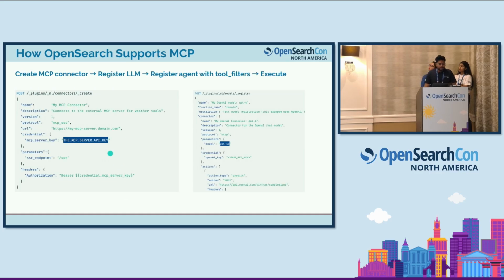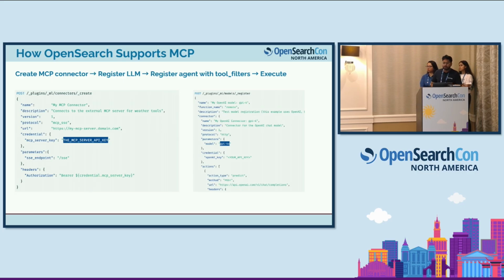If we go forward with the client one, there are some snippets you can check out. When you create the MCP connector, you then have to register an LLM. Here we are creating an MCP adapter for ML Commons, where you need the MCP server key, the SSE endpoint, and more for authorization if you're using something else.